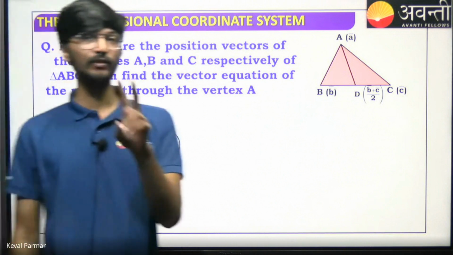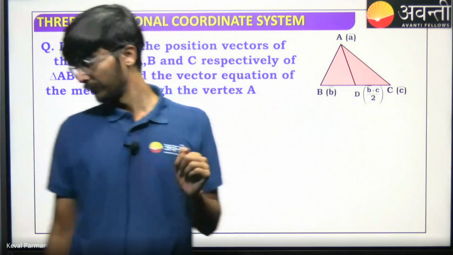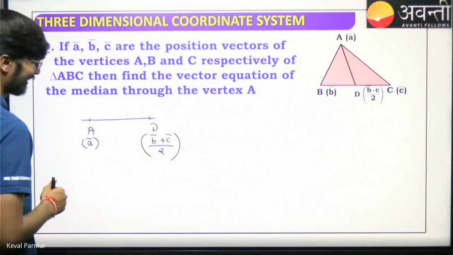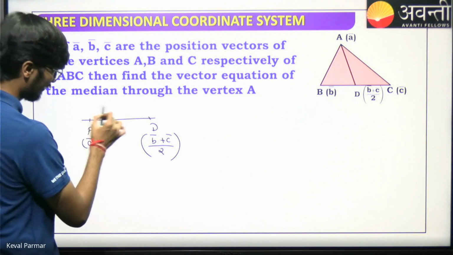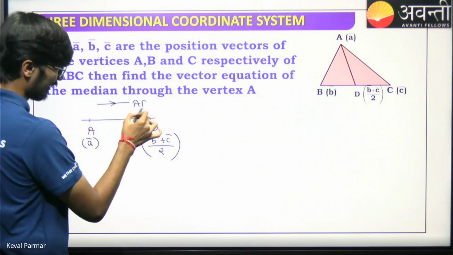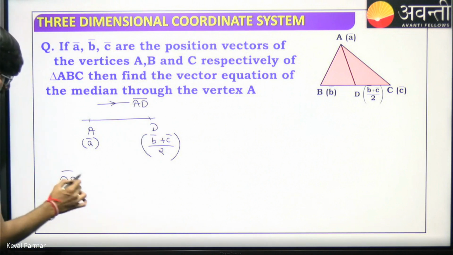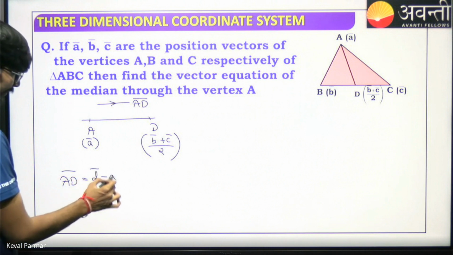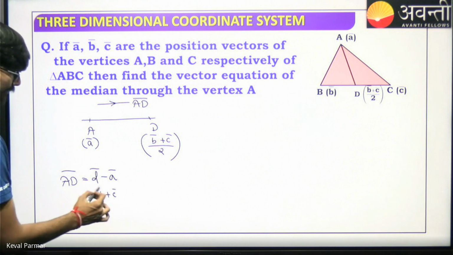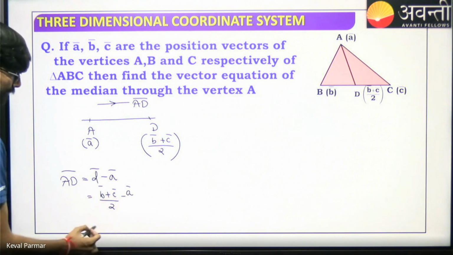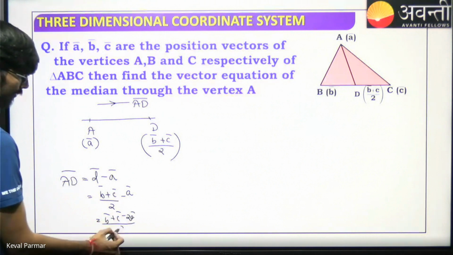As you can see, we have 2 points, so this is as good as what we have done so many times. Let's say this is A vector. What will be my vector along the line? It will be AD vector, which means D vector minus A vector, which is B plus C by 2 minus A, that is, B vector plus C vector minus 2A vector upon 2.